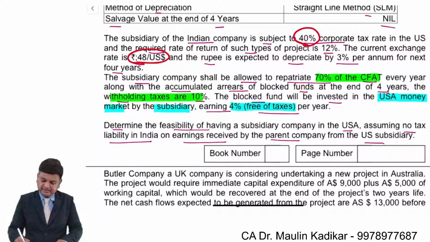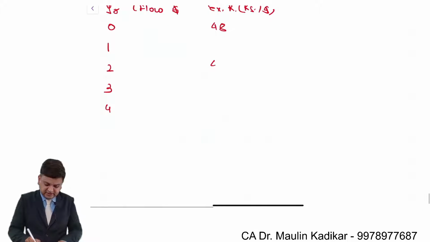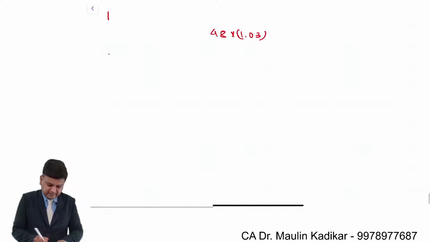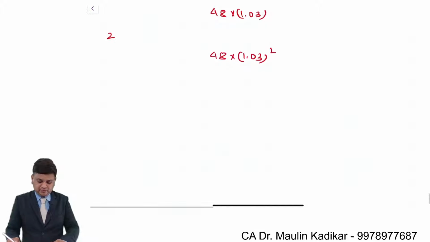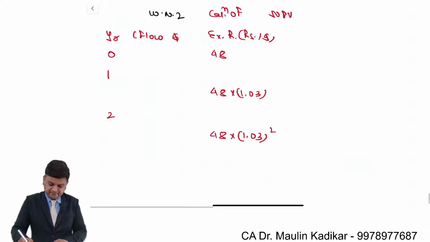Then rupee will depreciate at the rate of 3%. So it is 48 into 1.03, the exchange rate at the end of the first year. Second year it is 48 into 1.03 raised to 2. Similarly for third year and fourth year. Then we'll have the cash flow in rupee terms.